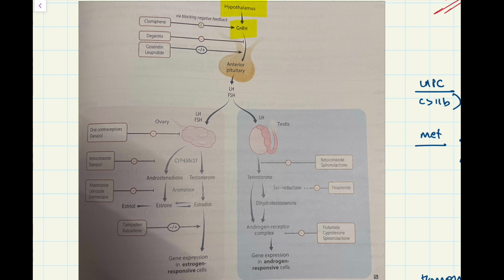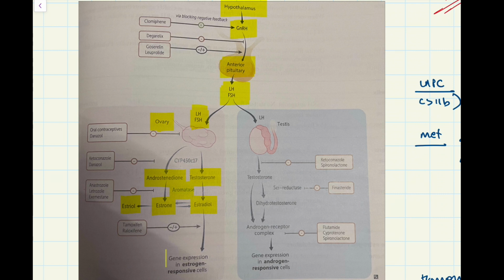GnRH will stimulate the anterior pituitary to secrete LH and FSH. LH and FSH both act on the ovary to secrete androgens, that is androstenedione and testosterone. The androgens undergo aromatization and convert into estradiol and estrone, also estriol, right?